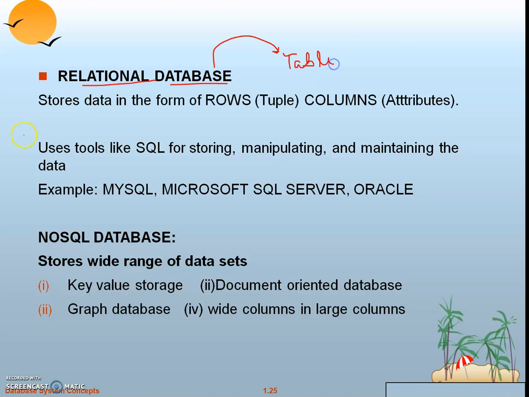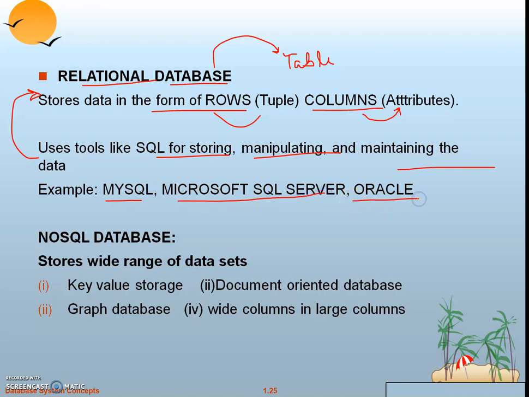It stores data in the form of rows and columns, where rows are called tuples and columns are called attributes, as we know. Tools like SQL are used for storing, manipulating, and maintaining the data in a relational database, that means the data in the form of tables. The best examples I can give for relational database are MySQL, Microsoft SQL Server, Oracle, etc.